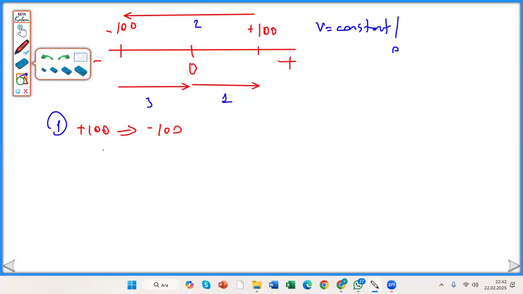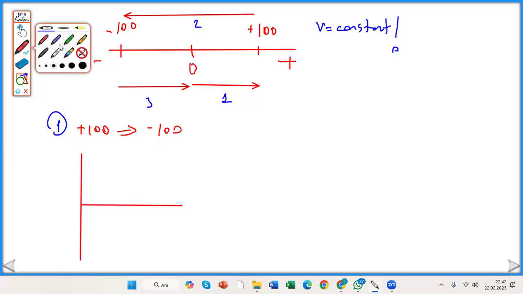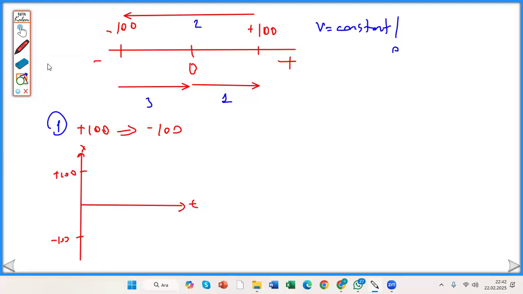Okay. When you look at this second motion, our starting point is positive 100 and our final position is negative 100. So let's use this data. We know this is our first position and this is our last position, and the position-time graph is linearly like this.